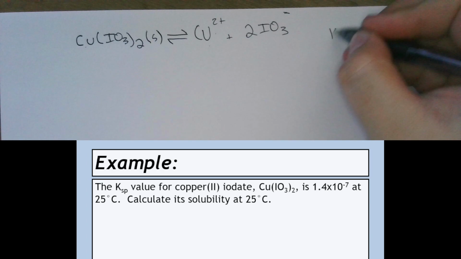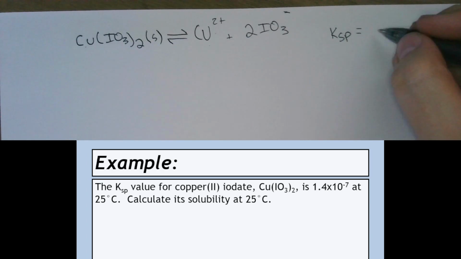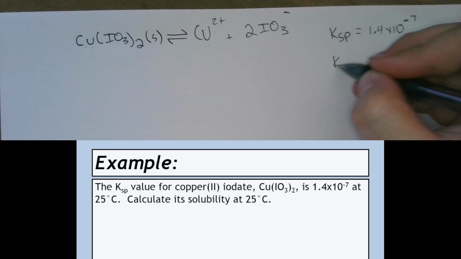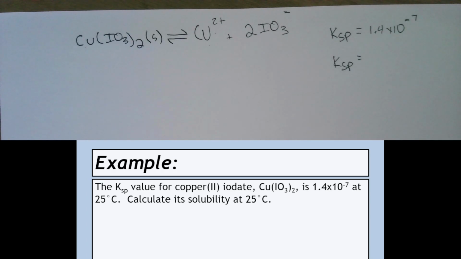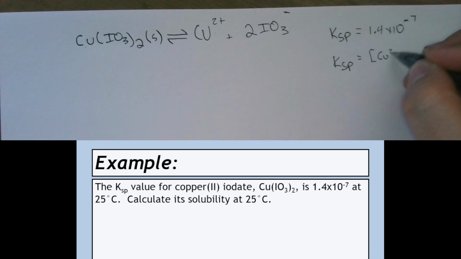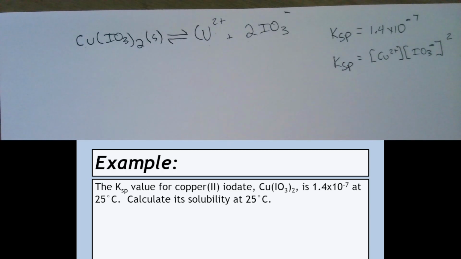Okay, so my Ksp is given to me this time, 1.4 times 10 to the minus 7. Remember that Ksp is products over reactants, so in this example, it's going to be Cu2 plus times IO3 minus, and there's a 2, so I square it.